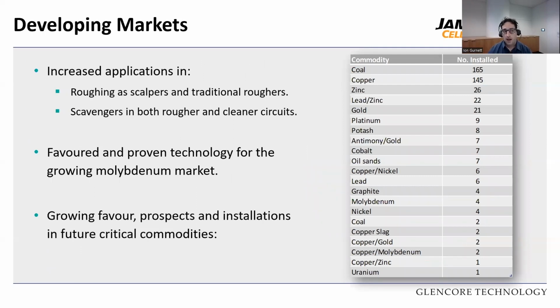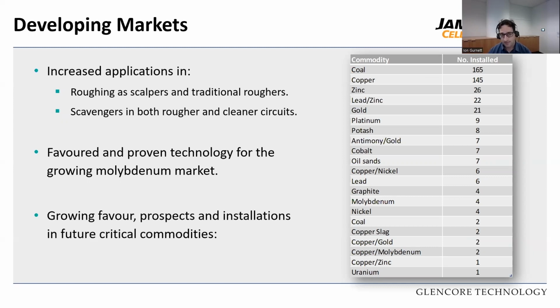Now, developing markets. This is where it's been getting quite exciting. We've been seeing a significant increase in roughers, particularly rougher scalpers and traditional rougher circuits. We've seen scavenging applications get put in as well in both the rougher and cleaning circuits, which has really pushed us to do the more full circuit approach.